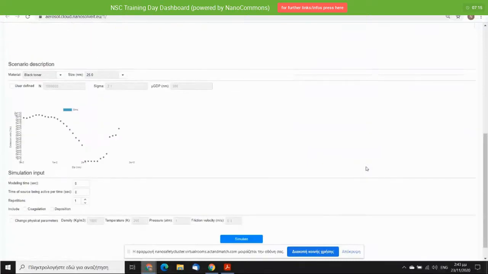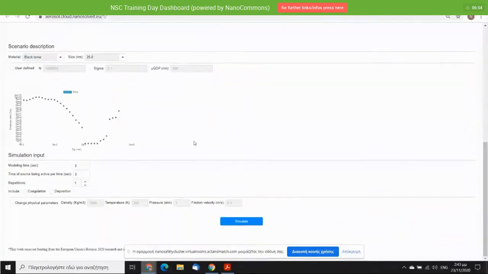Continuing, we need a scenario description, which is the nanomaterial that we are going to use in our simulation. In this first example, I'm going to use black toner, although we have plenty of materials to use. For the simulation input, I'm going to use a value of 300 seconds.